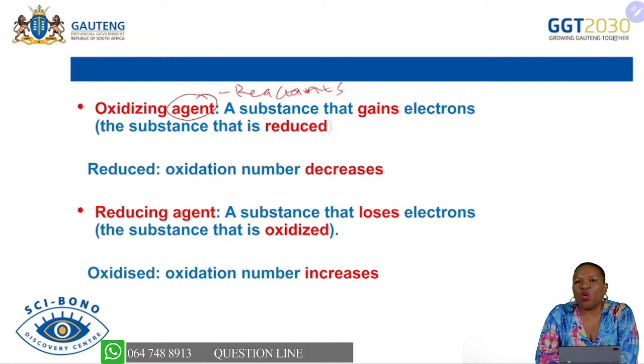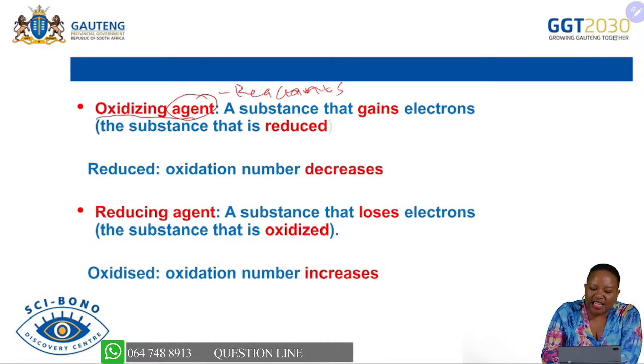When I say you are an oxidizing agent, it means you are causing oxidation. Therefore, if you are an agent that is causing oxidation, you will not undergo oxidation. So an agent will cause the other species to undergo oxidation, meaning that an oxidizing agent is a substance that gains electrons and is the one being reduced.